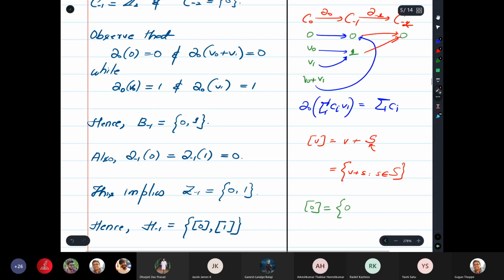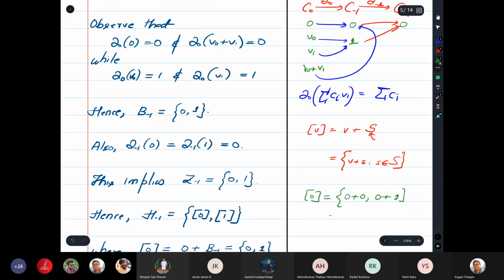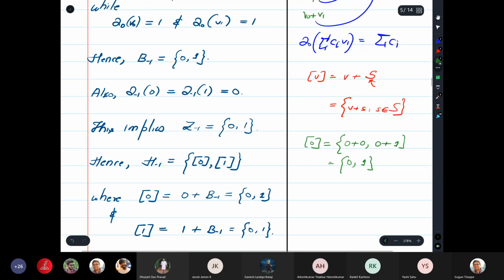So what is the equivalence class of 0? Well, it is 0 plus 0, comma, 0 plus 1, right? I hope you agree that this will be 0, 1, and the equivalence class of 1 similarly would be 1 plus 0, comma, 1 plus 1, which will again be 0, 1. So you can see that in this case the equivalence classes turn out to be one and the same, right?